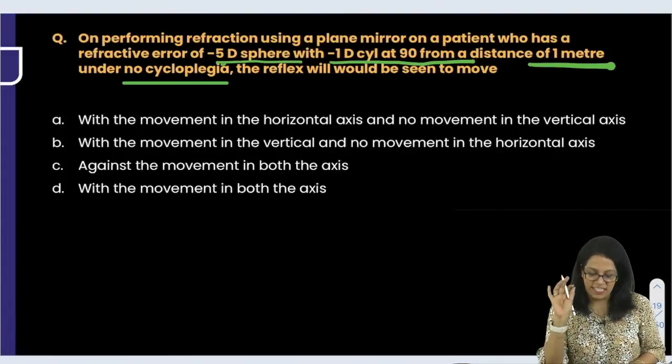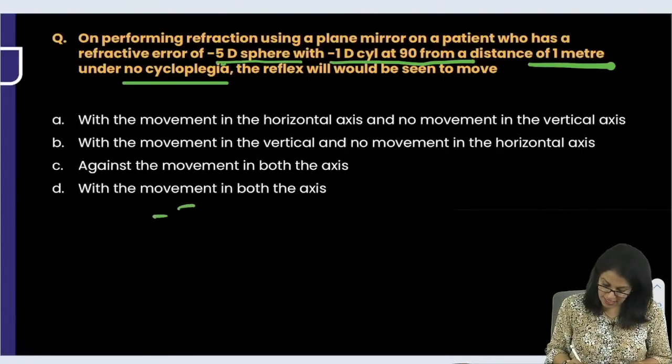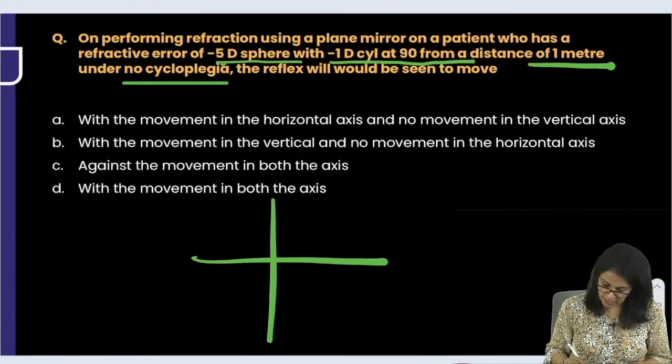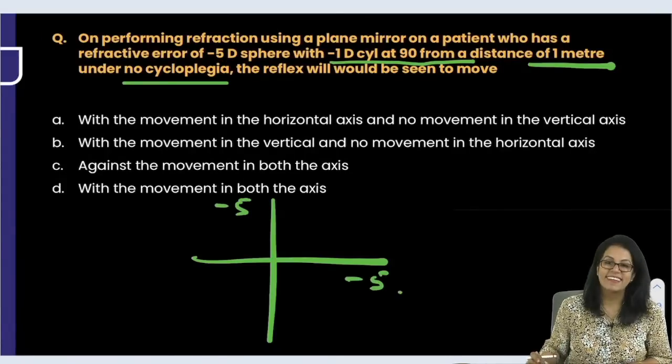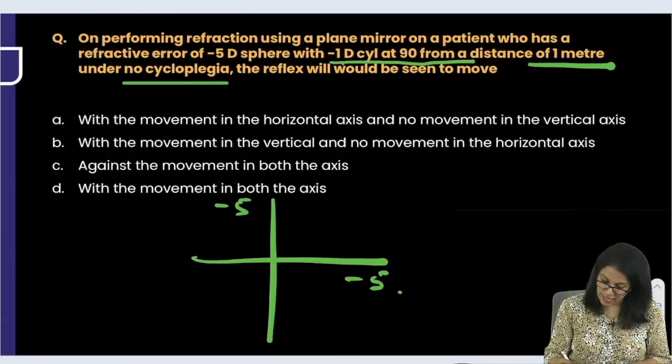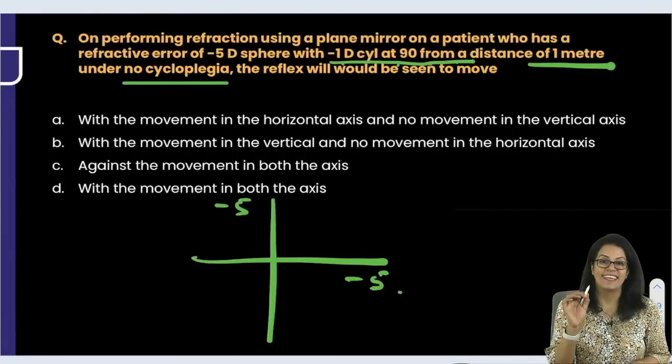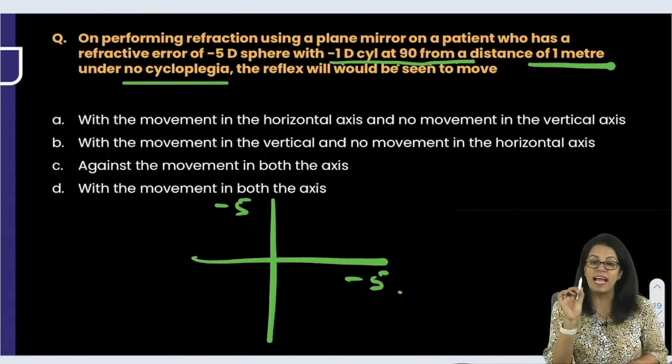Interesting? Let's solve it. Make 2 lines here for the retinoscopy. When you say -5 diopter sphere, we know -5 is here also, correct? When -1 cylinder at 90, don't forget that the axis in the prescription is mentioned opposite.